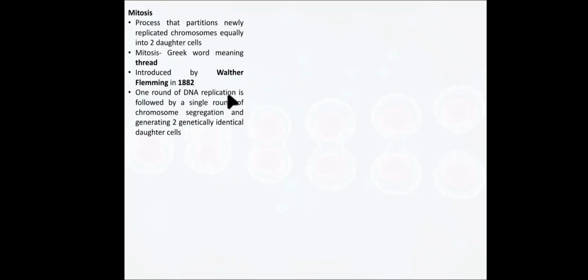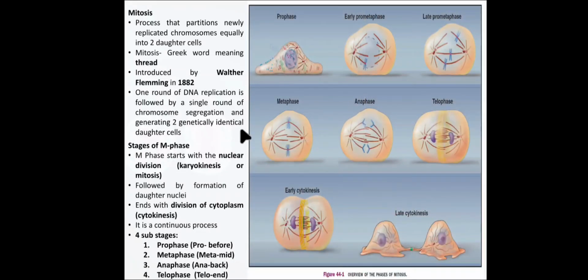It involves one round of DNA replication followed by a single round of chromosome segregation and generates two genetically identical daughter cells. The stages of M phase are prophase, metaphase, anaphase, telophase, and it ends by cytokinesis. Pro means before, meta means mid, ana means back, telo means end. And we were about to discuss prophase and we ended there.